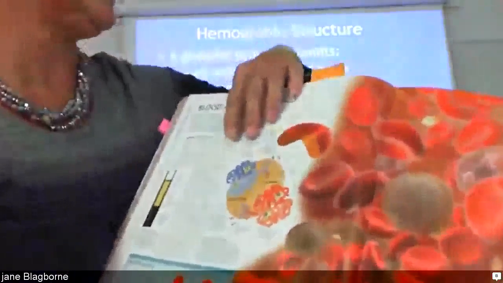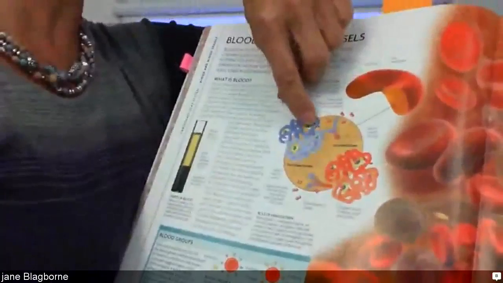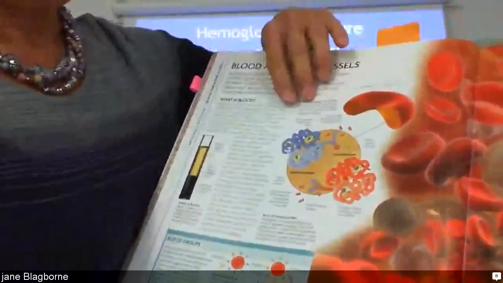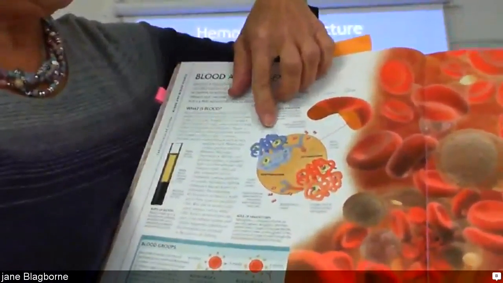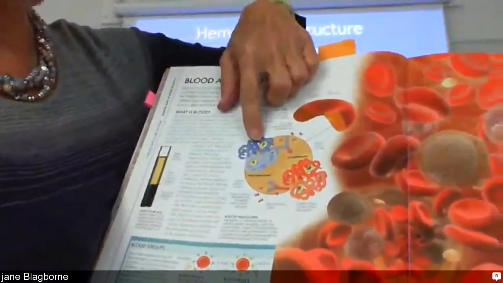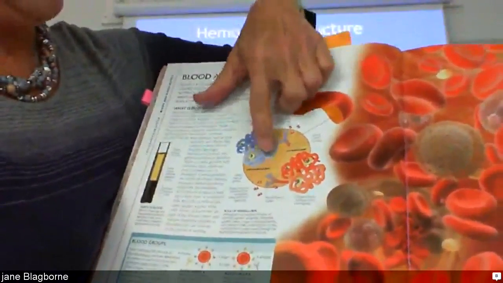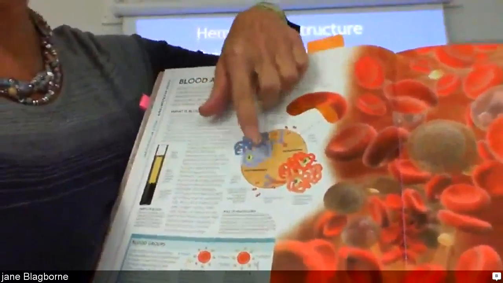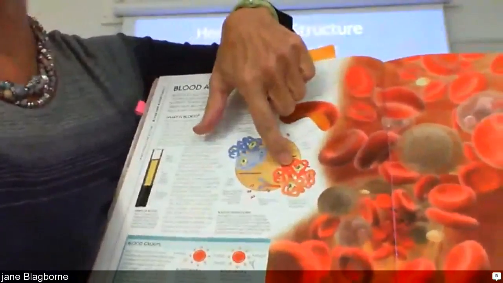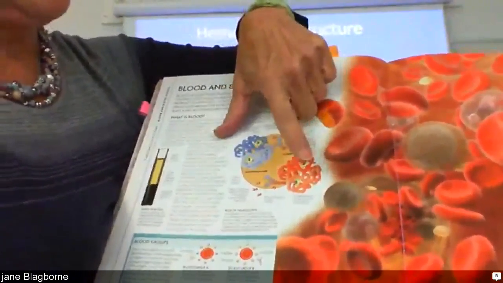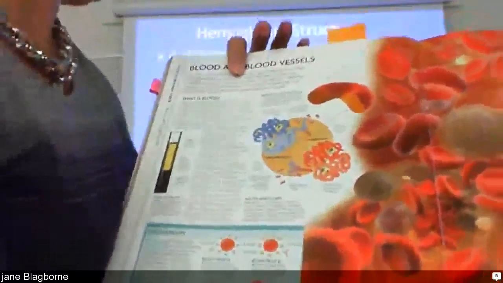Right here, if you can see this, is the hemoglobin molecule. It also includes an atom of iron, and iron is important to remember. The bluish color is no oxygen in it right now. The reddish color has been oxygenated, and it's the iron that helps the hemoglobin molecule oxygenate itself.